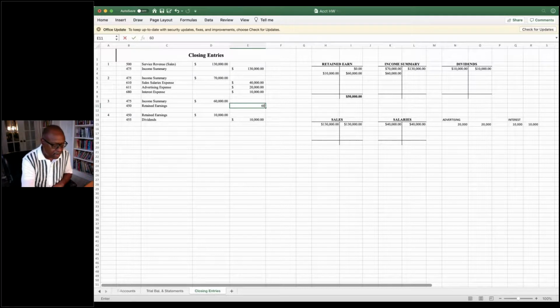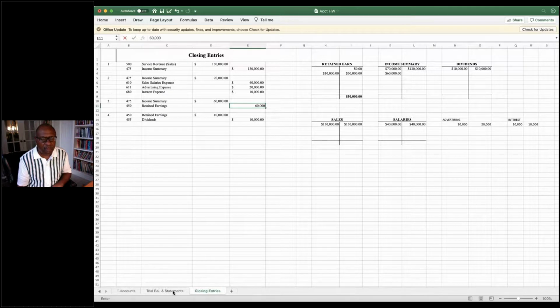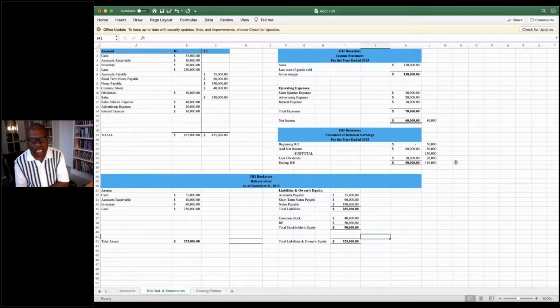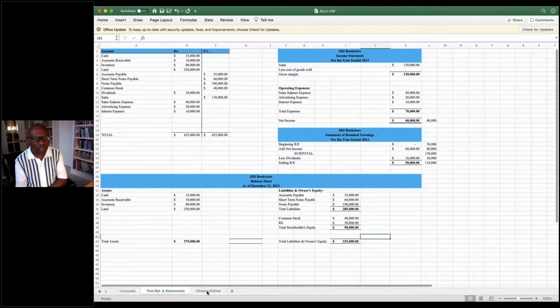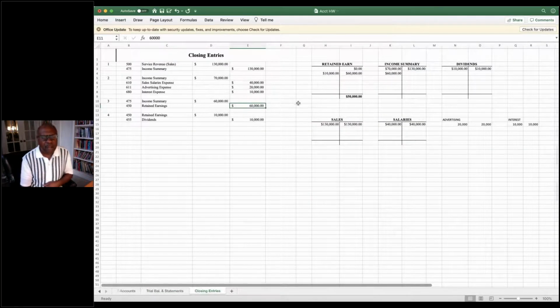That's why I said it 3 times yesterday, because there's a tendency to want to have as closing entry 3 the ending retained earnings when it's supposed to be the net income. It's a natural thing that a lot of times people will put the ending retained earnings in journal entry 3 when it needs to be the net income. The net income with the dividends will give you the ending retained earnings.